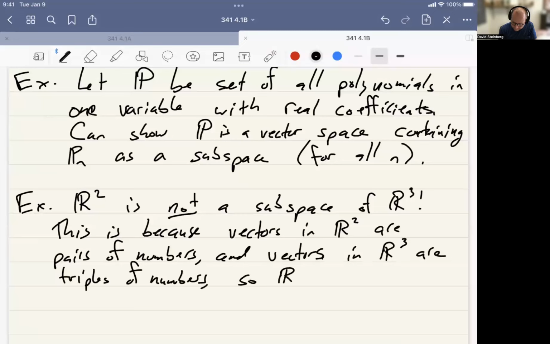So R2 isn't even a subset of R3, I should say.